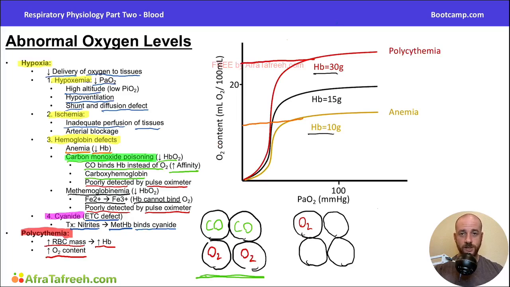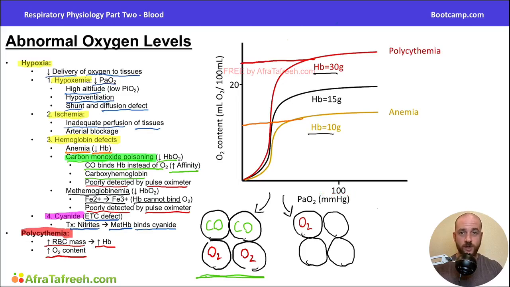And so under normal conditions, our hemoglobin might look like this at low partial pressures of oxygen, whereas in the presence of carbon monoxide, the hemoglobin might look like this at low partial pressures of oxygen.